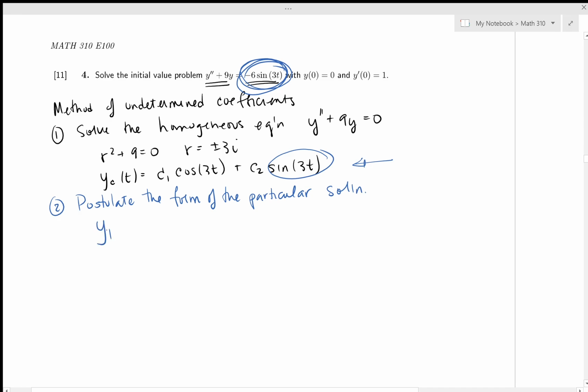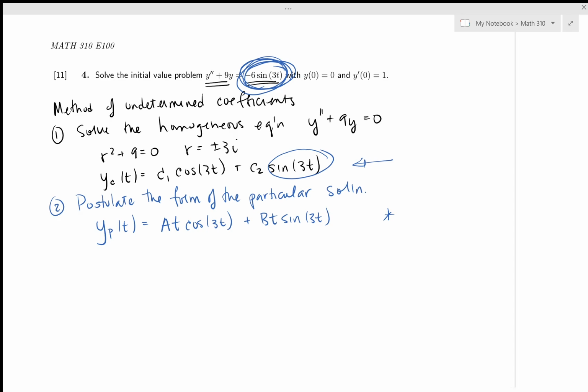A postulate of the particular solution is going to be At cos 3t plus Bt sine 3t. It's important when the forcing function is sine or cosine that you incorporate both the sine and the cosine. It's not just the sine here, it's both postulated.